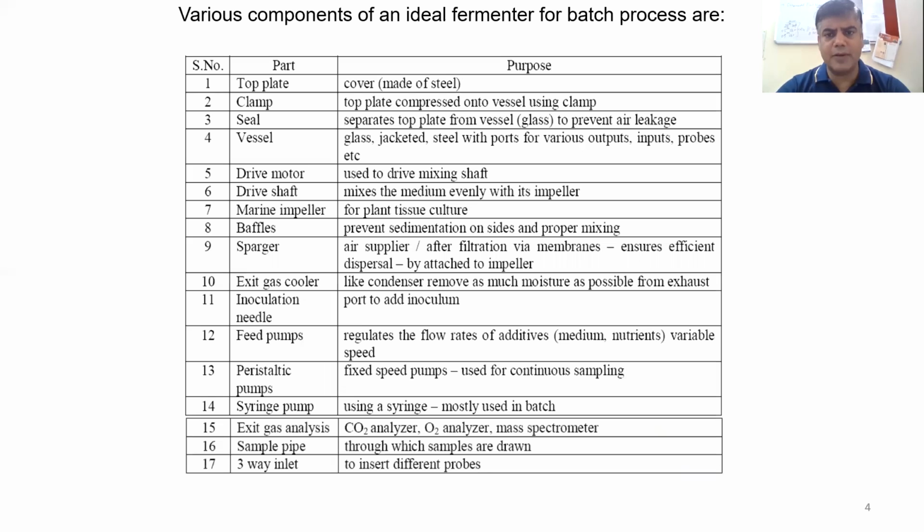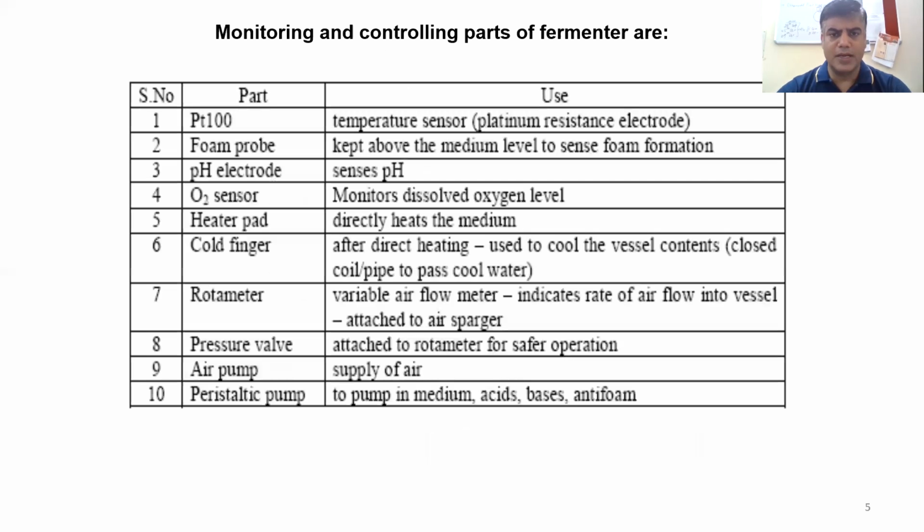So various components are required during the process. Various parts are required for the fermenter: a top plate, clamp, seal, vessel, drive motor, drive shaft, marine impeller, baffle, sparger, exit gas cooler, inoculation needle. Several parts are there.